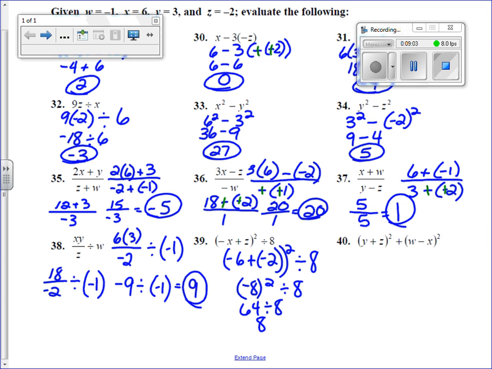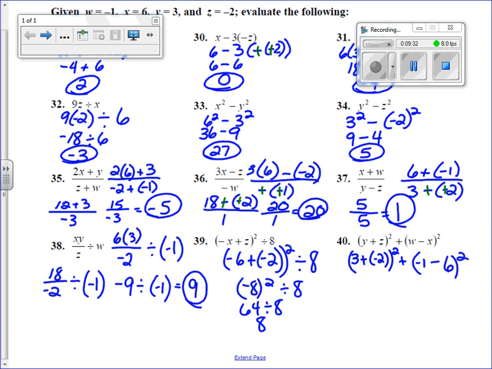Okay, finally, y plus c squared plus w minus x squared. So I have 3 plus negative 2 squared plus negative 1 minus 6, that whole quantity squared as well.